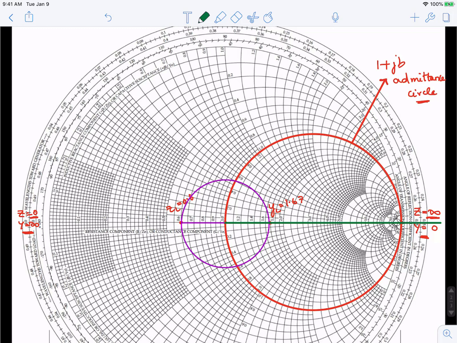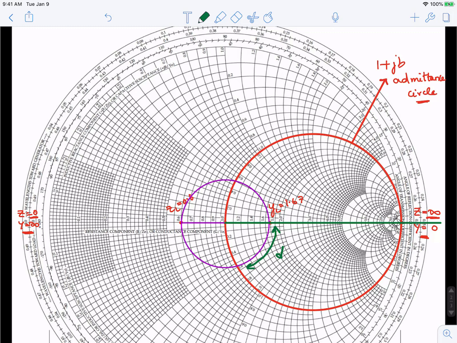Now, all that we're doing is, if this is our load, we are adding a transmission line of length D, such that the original admittance was 1.67, but we want that admittance to reach 1.